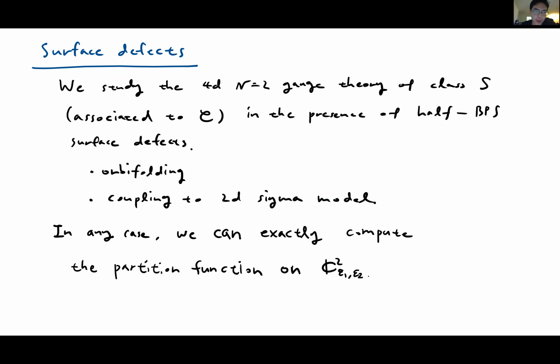I will connect these two stories later. The surface defects I will deal with can be engineered either by orbifolding, by which I mean placing our 4D N=2 gauge theory on C2 with a certain orbifold action, or we can couple a certain 2D sigma model to the bulk 4D theory, and thereby generate a surface defect.